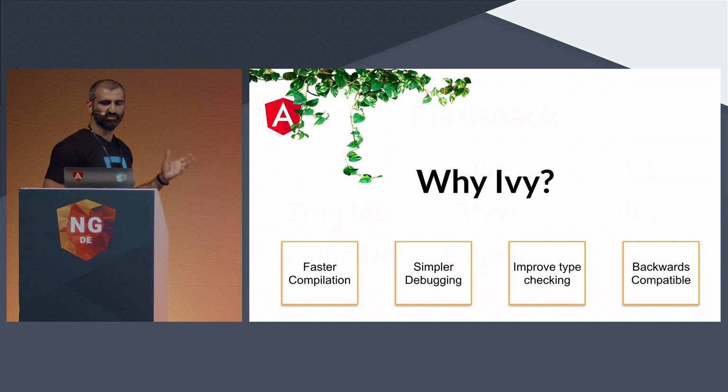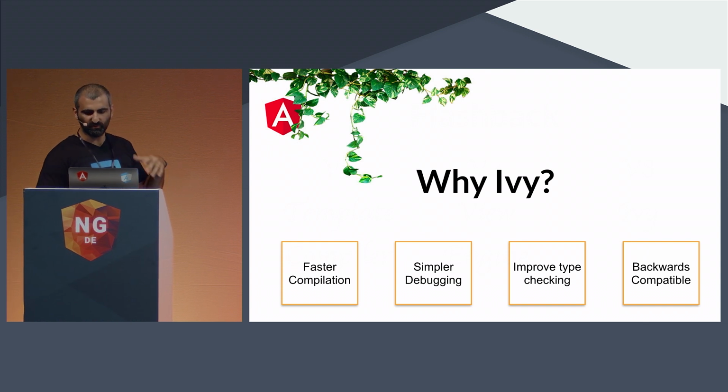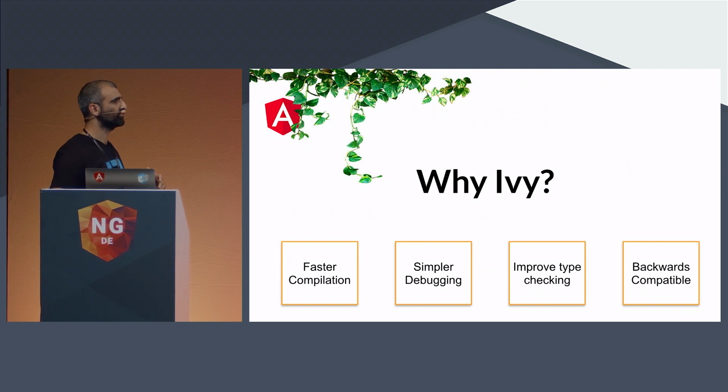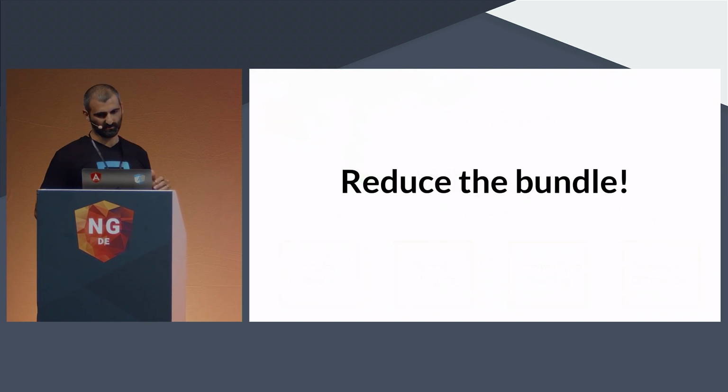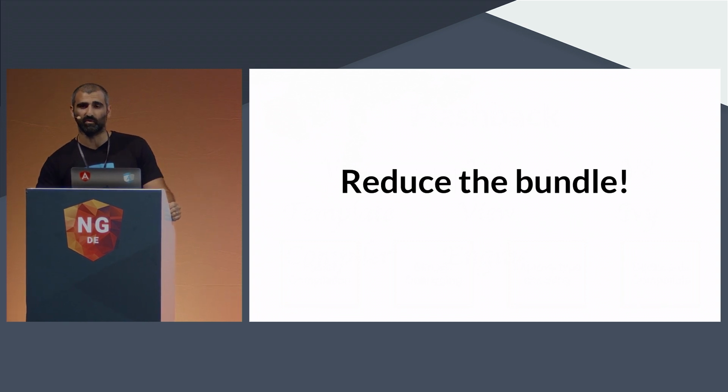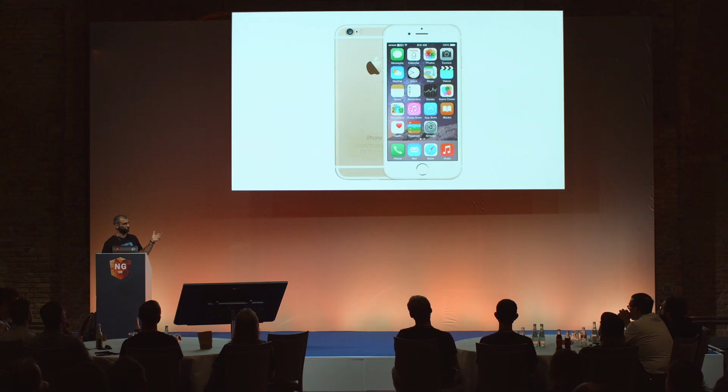So there are a lot of selling points for Ivy. You can get faster builds, simple template debugging, improvement in type checking, but above all those is how this renderer is going to reduce the bundle size. The world is becoming more and more dependent on those devices we are all holding.